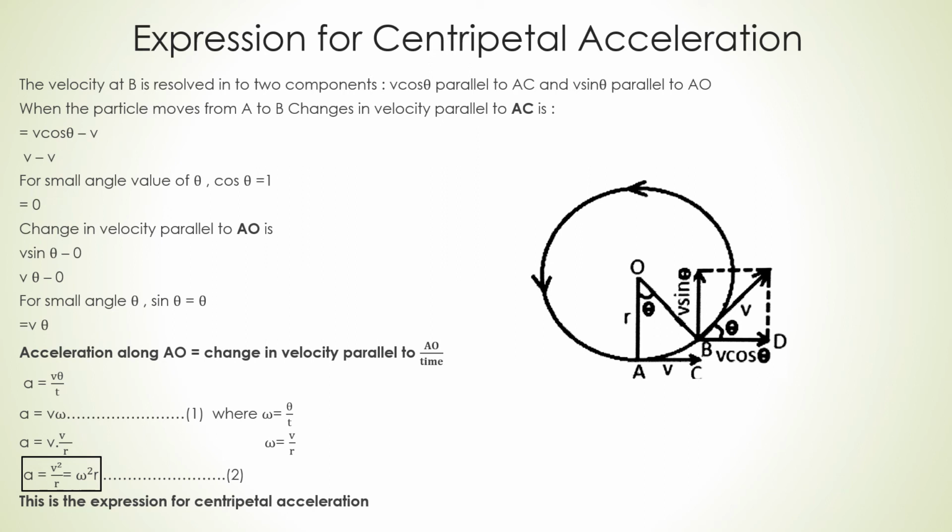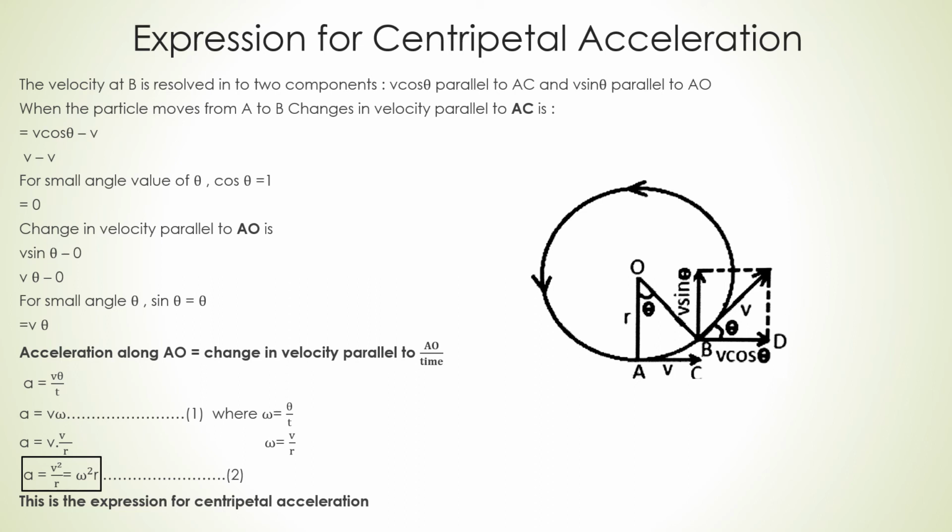Next, the change in velocity parallel to AO, that is the radius, we write as v sin theta minus 0. For a small value of theta, sin theta is equal to theta, so it is v theta minus 0, which is equal to v theta.